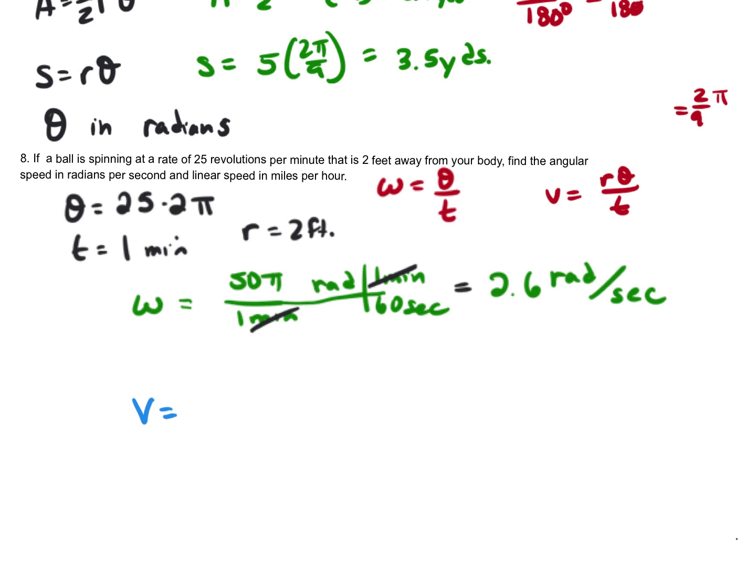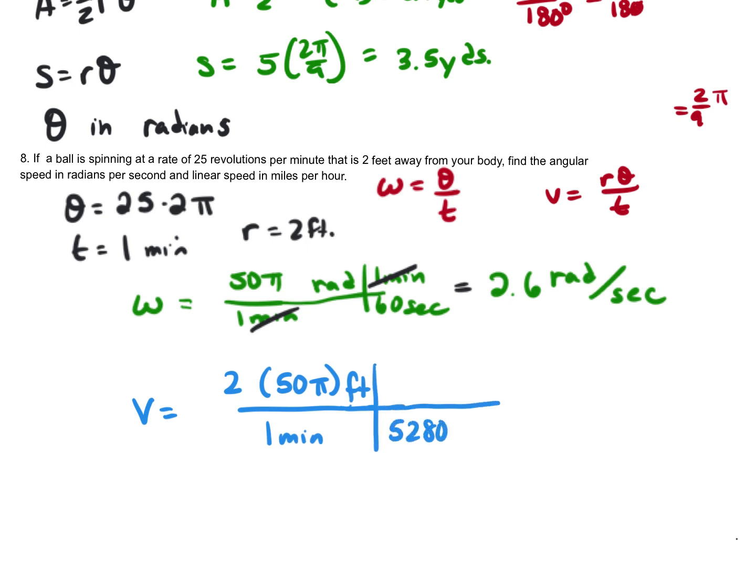Linear speed is going to be r, which is 2, times theta, which is 50 pi, over 1 minute. Now, I know this is in feet on the top because the radius was in feet. So we have feet per minute, we want miles per hour. So we got some converting to do, right? Well, I know there are 5,280 feet in 1 mile. So now I'm in miles per minute. And then I'll just simply have to convert to hours.